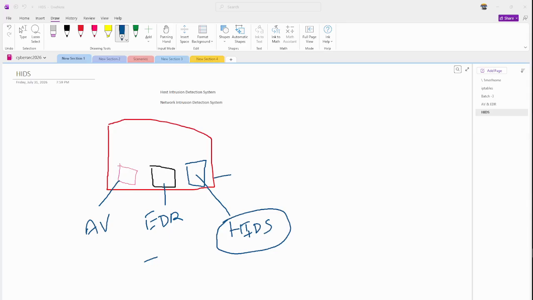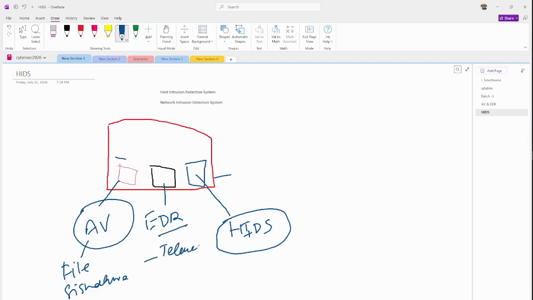Let me explain it. Here, antivirus is checking your file signature. EDR is checking the telemetry, meaning process, your registry, your memory, all that it is checking.